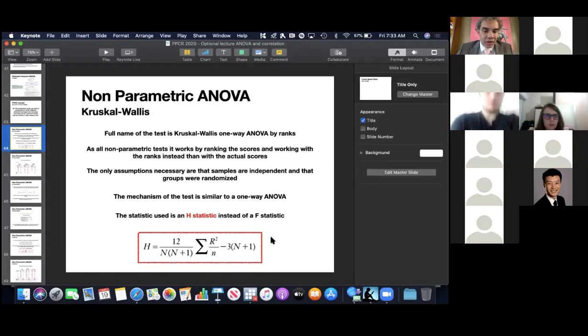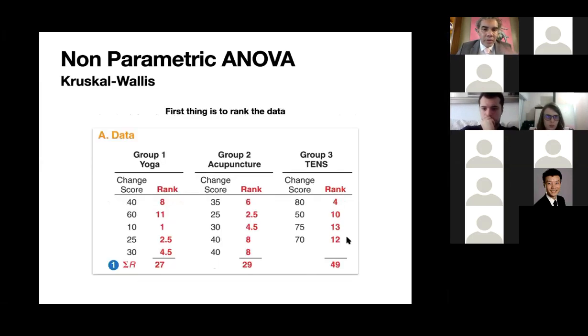So the first thing you need to do is to rank the data. You rank it from low to high. So 110 is rank number 1. The second lowest is, I think, 25.